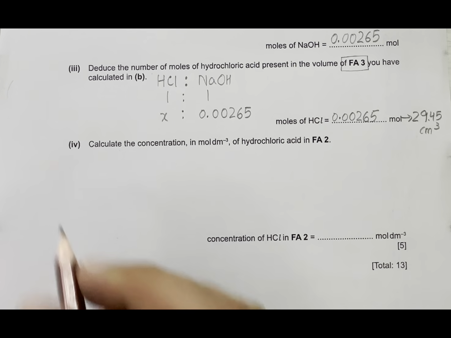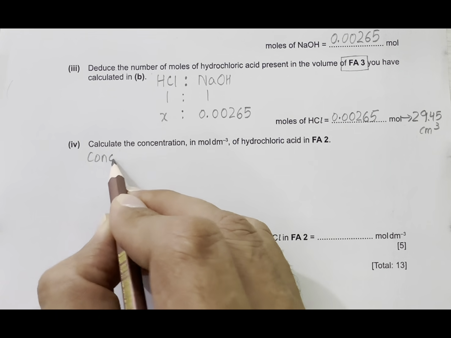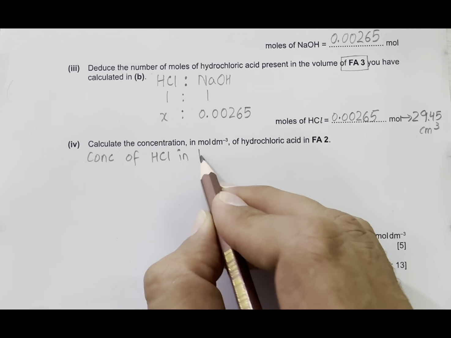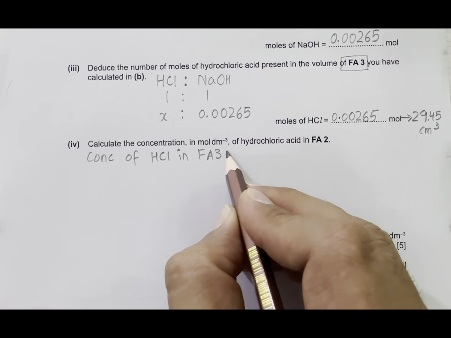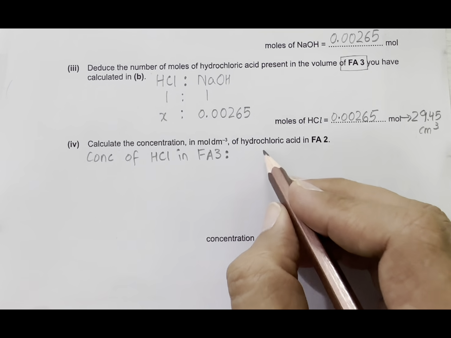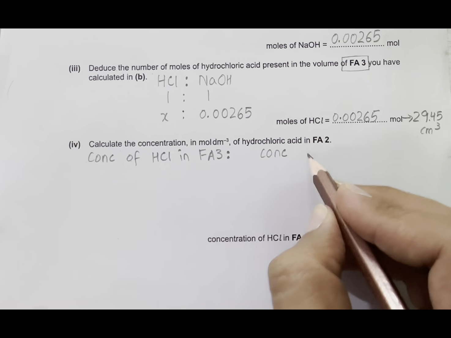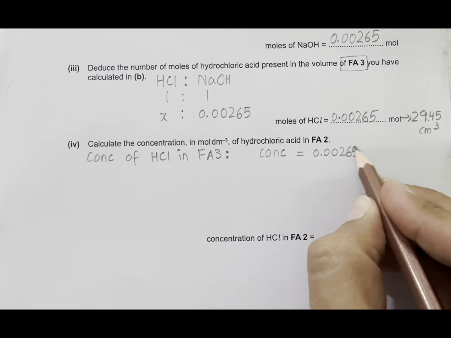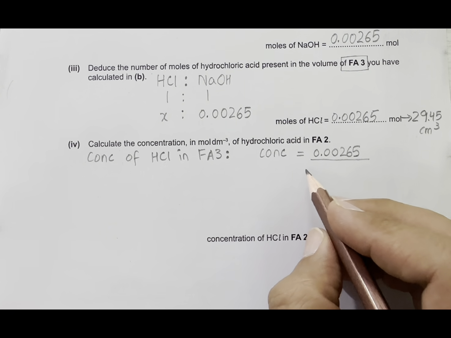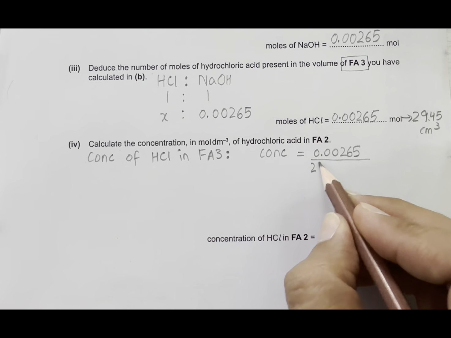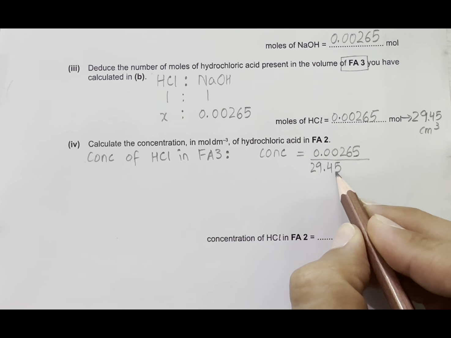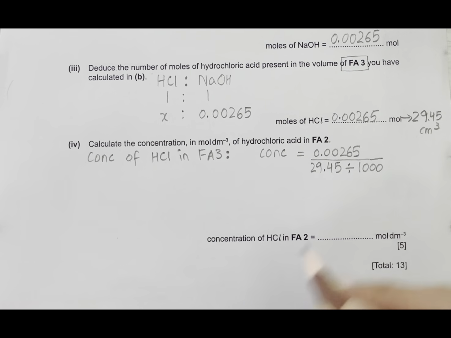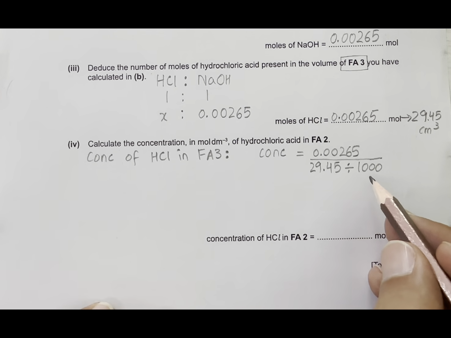So the concentration of hydrochloric acid in Fa3 can be calculated as concentration equals moles, which are 0.00265, divided by the volume we have taken, 29.45 from part B, divided by 1000 to make it in dm³.